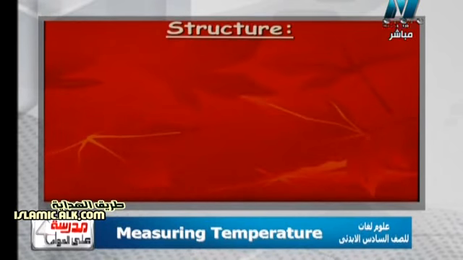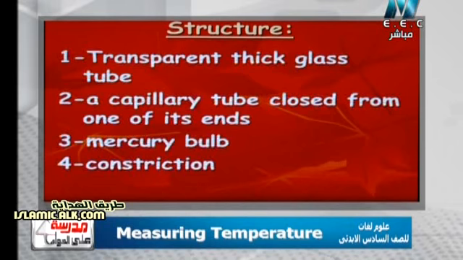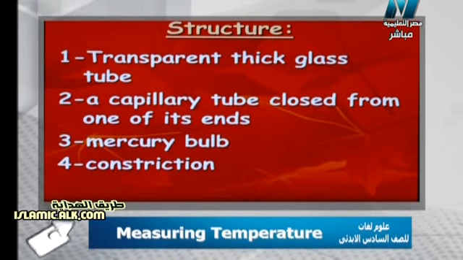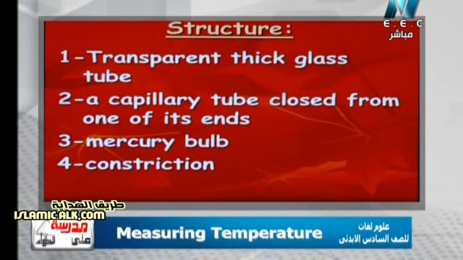So the structure of the medical thermometer is that: number one, transparent thick glass tube, أنبوبة زجاجية شفافة. Capillary tube closed from one of its ends, في حاجة بنسميها أنبوبة شعرية مغلقة من الجانب الأعلى ليها. Mercury pulp مستودع للزئبق and a constriction, منطقة ضيقة شوية.